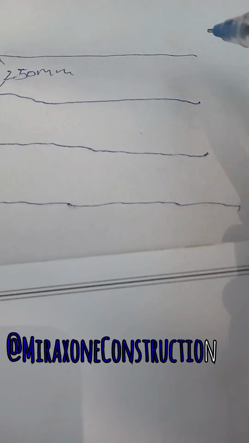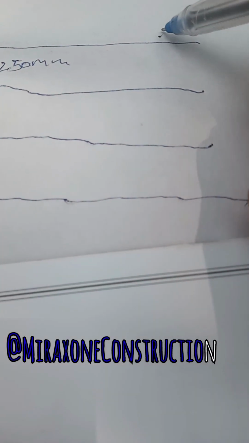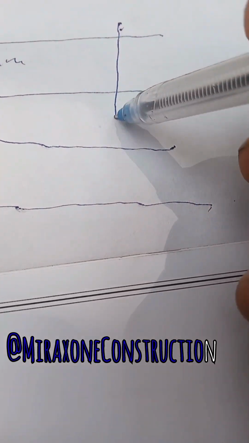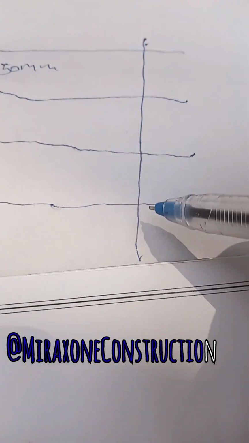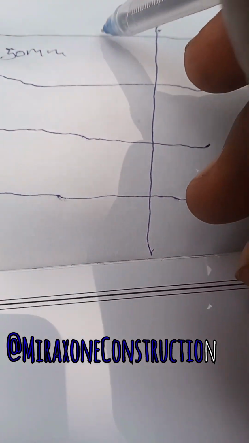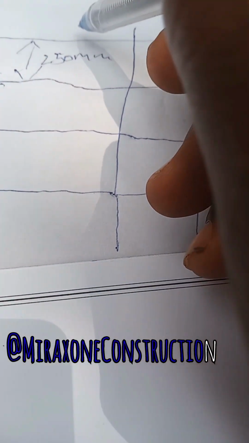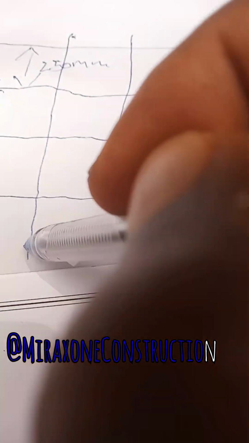Then afterward, there is the crossing reinforcement, otherwise known as the top bars. You cross it, and you still give a gap of 250. Sorry, this is a freehand sketch. Give a gap of 250.